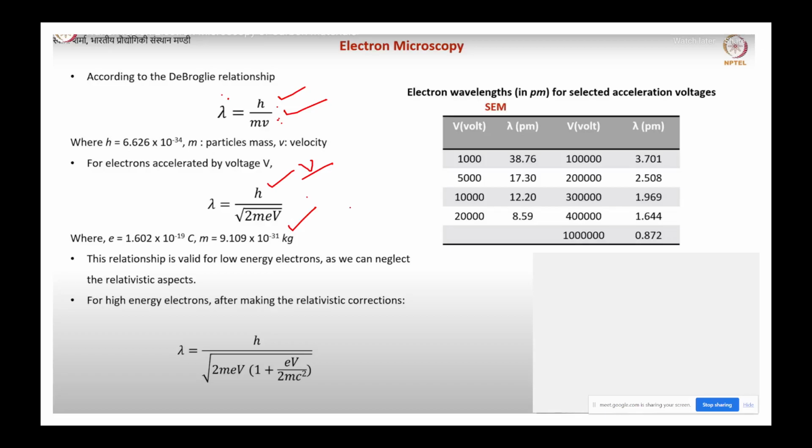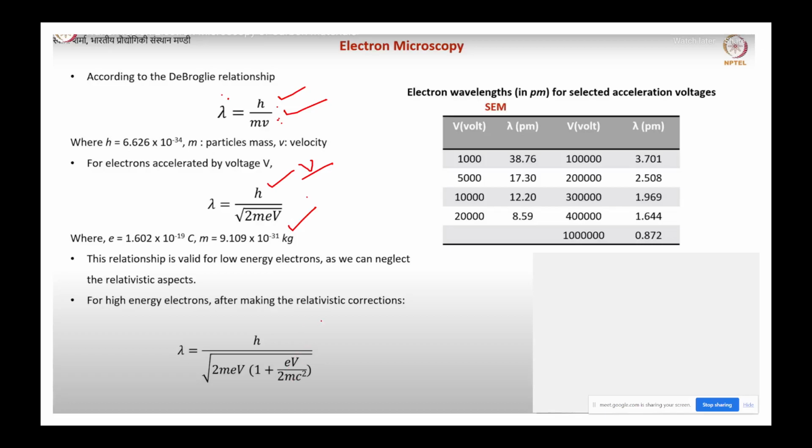But for high energy electrons, after making the relativistic correction, lambda equals h upon root over 2 m e V, multiplied by 1 plus e V upon 2 m c square, to the power of one half in the denominator.